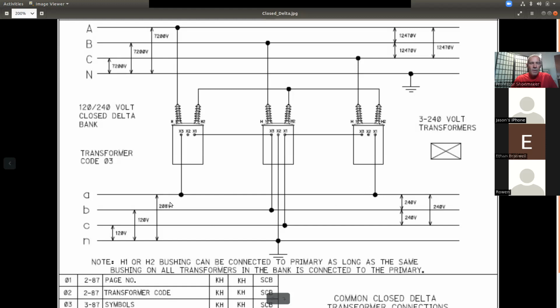So we've moved the high leg voltage reading to where it belongs as far as their wiring is concerned. B that comes off the lighting transformer is still 120, and C coming off the lighting transformer is still 120. Phase-to-phase voltages are all 240, 240, and 240.